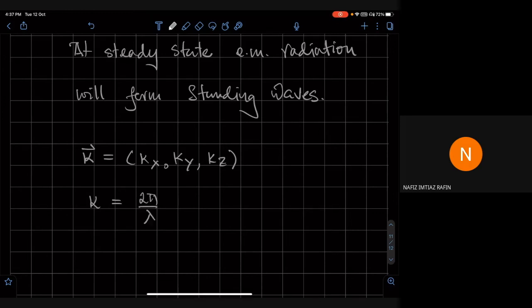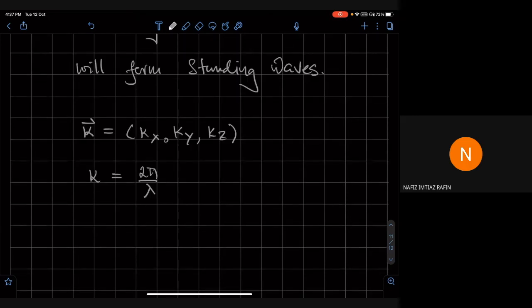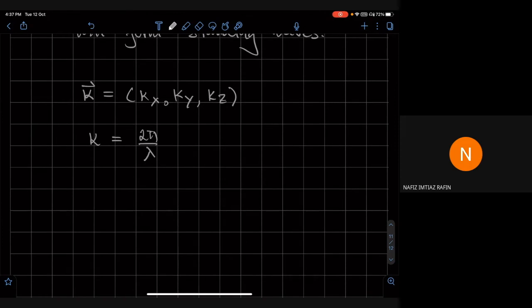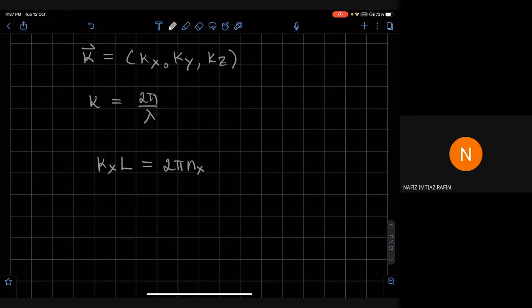And because we are considering standing waves, it must be that kx L must be 2 pi nx, where nx is an integer. Okay, and similarly, ky L must be 2 pi ny, and kz L must be 2 pi nz.